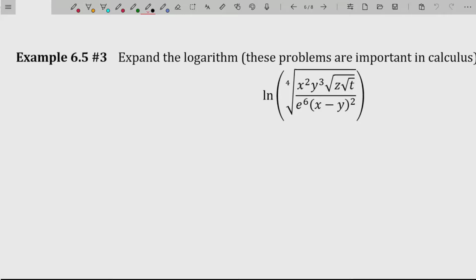The first thing I would highly recommend doing is rewriting this radical as an exponent. Now, there are in calculus some instructors that want you to work with radicals, and I'm very much against that. I'm absolutely against working strictly with radicals. I think radicals are an older notation. You really want to let go of those as you enter into calculus, and you want to write everything with rational exponents.